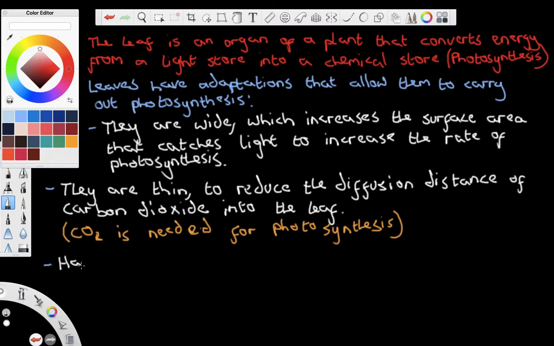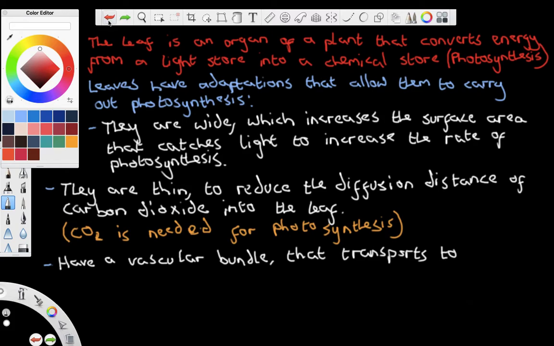So they have a vascular bundle that transports water to the leaf from the roots, and carbon dioxide away from the leaf.